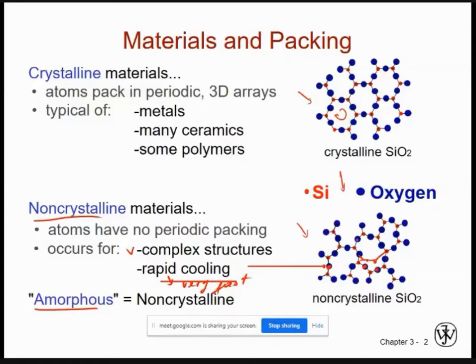So I have an unordered pattern because of fast cooling. So what kind of materials could be crystalline? Metals, most of the ceramics, and some polymers may be crystalline materials. And what are crystalline materials? The atoms pack in a periodic, patterned manner.